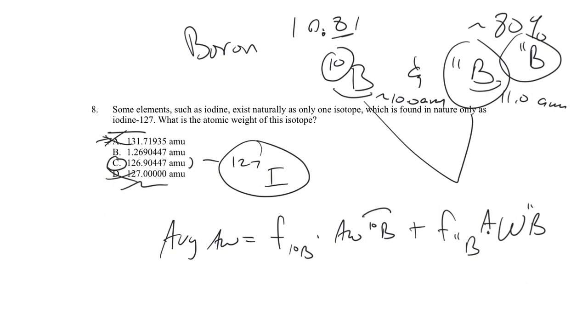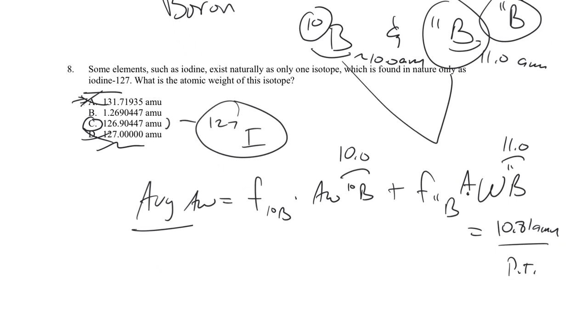Let's say we're using these numbers as given, 10.0 and 11.0 AMU. One key is that we have to know this average is given on the periodic table, which is 10.81. But then the one thing that the problems would want us to do, and there was a problem recitation last week that went through this, is that the fractions of the two possibilities have to add up to 1.